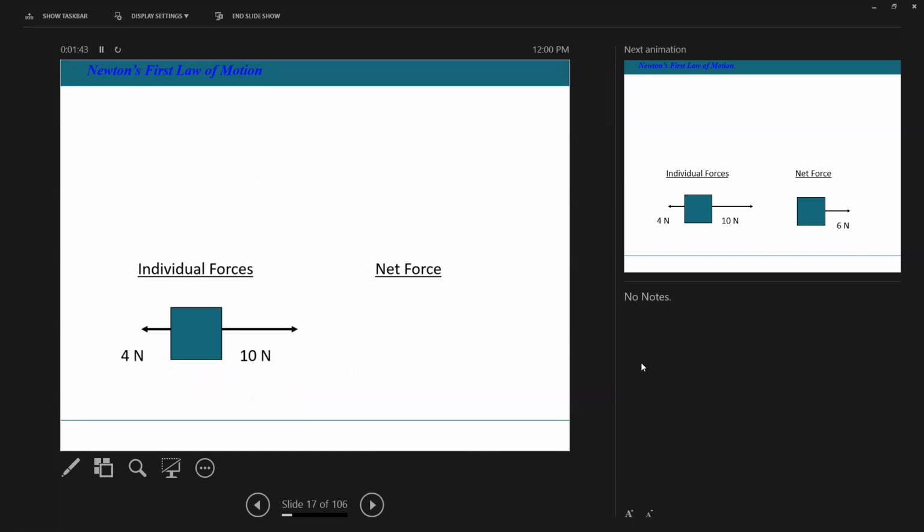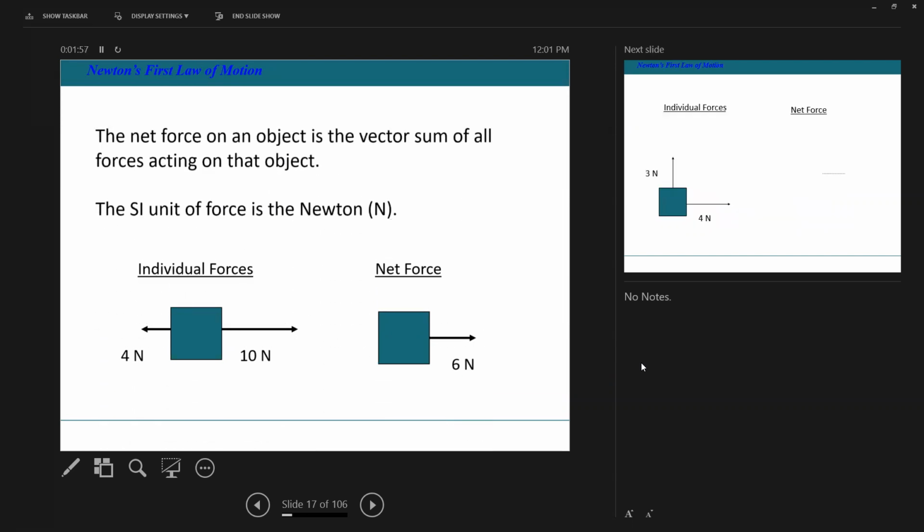Let's say one of them is pushing at 10 newtons, the other one at 4 newtons. Where's your net force? Well, it'd be 10 minus 4, which is 6 newtons to the right. So the net force on an object is the vector sum of all forces acting on that object. And the unit of force is the newton.